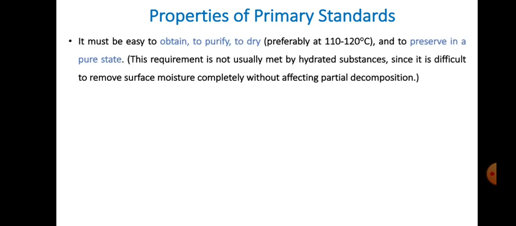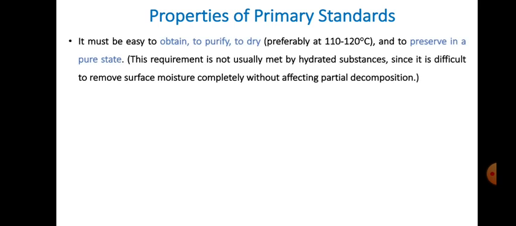So the primary standards, as we discussed, are of high purity, we are saying 99.99 something, or more than that. Along with that, the primary standard substances should fulfill certain criteria, or should have certain properties, to be considered as primary standards. So what are those properties?